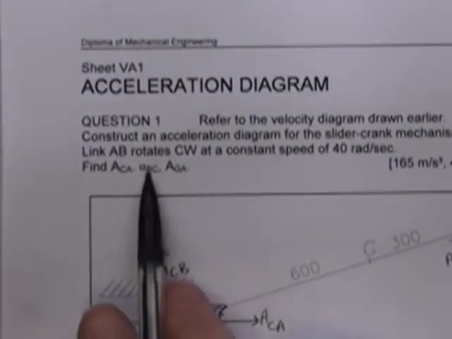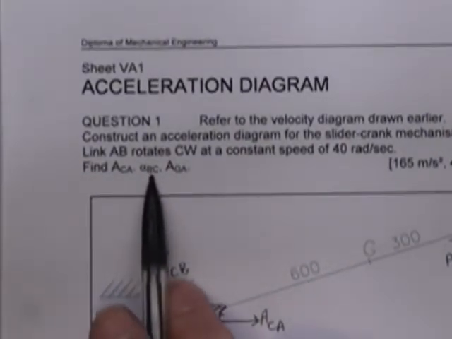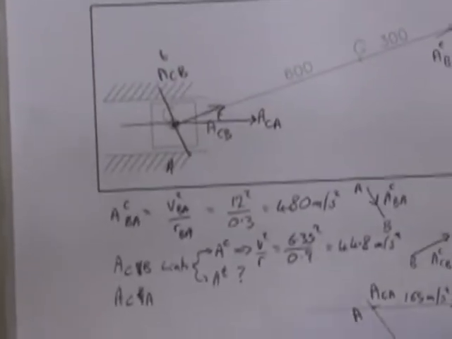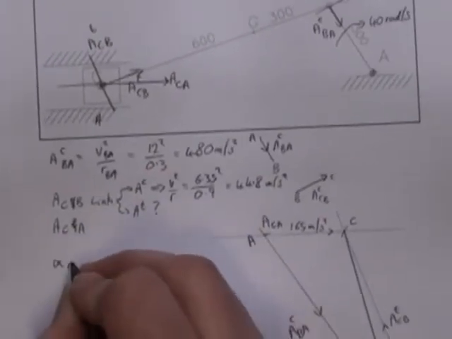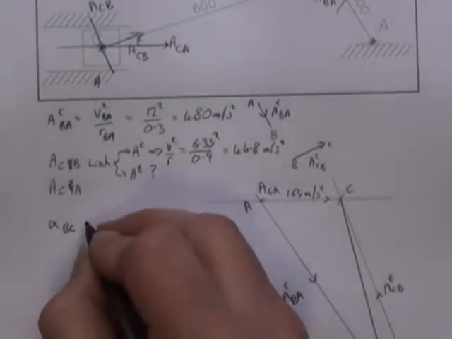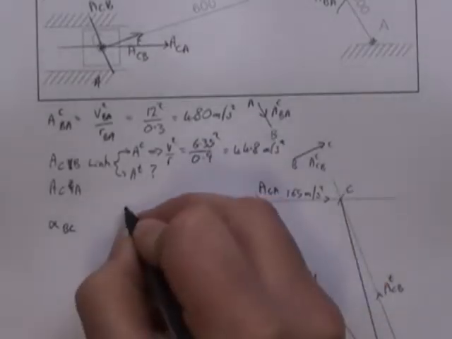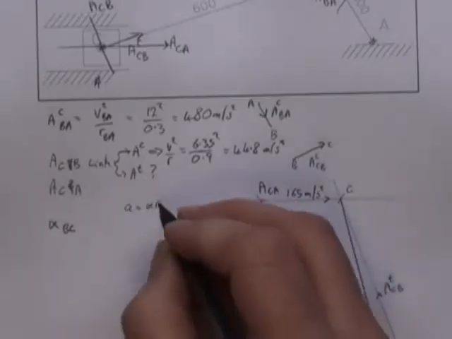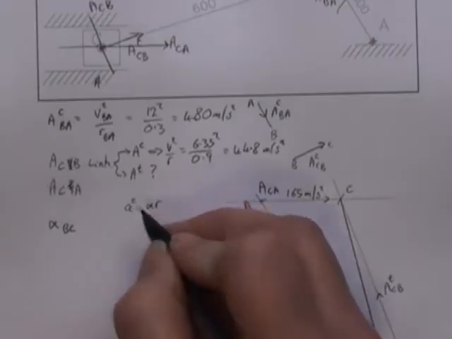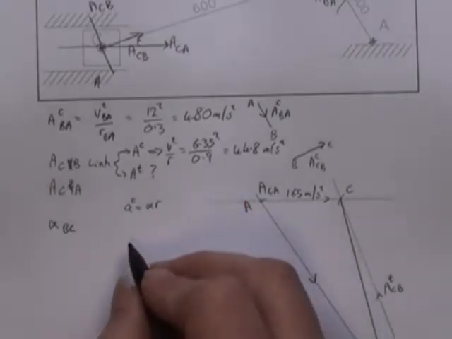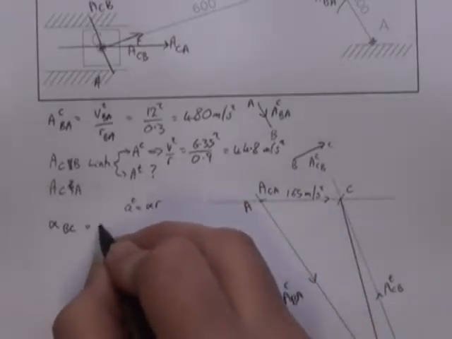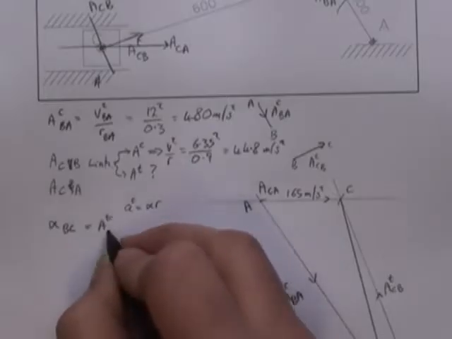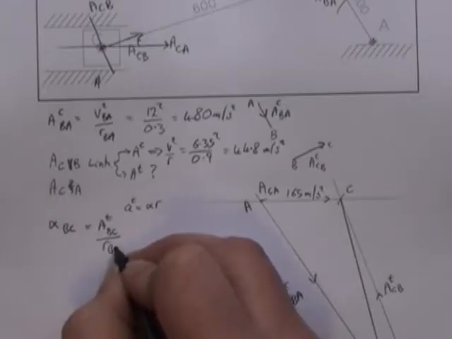The other one we want to know is the angular acceleration of BC. So I want to know the angular acceleration of BC. The equation we had from last year, A is equal to alpha r. These are the tangential accelerations that it's actually referring to. So this will be AT of BC over radius BC.